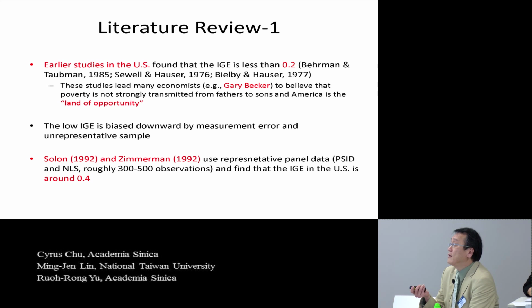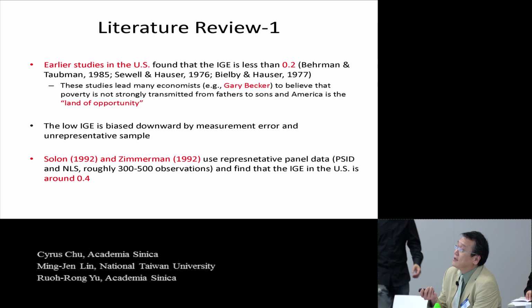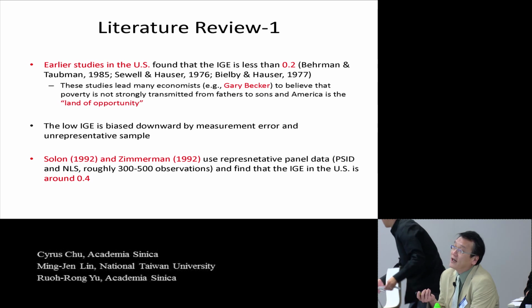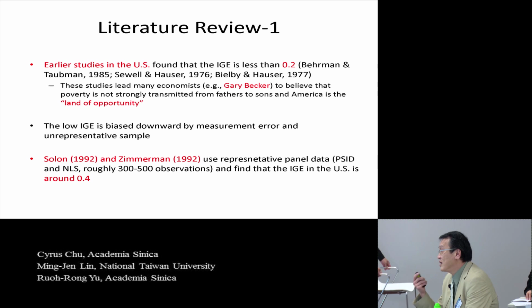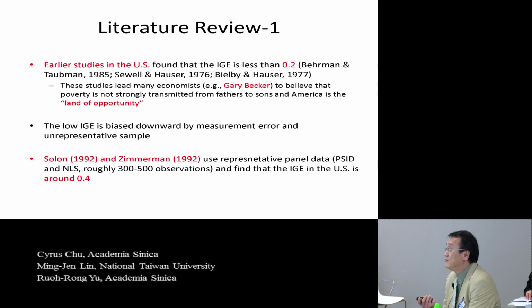Gary Becker perhaps put too much trust in the previous research from Behrman and Taubman and Robert Hauser. They estimated the IGE in the United States at about 0.2, 20%. But then Gary Solon in 1992 re-estimated, making some adjustment for the measurement error, saying that the United States is about 0.4.